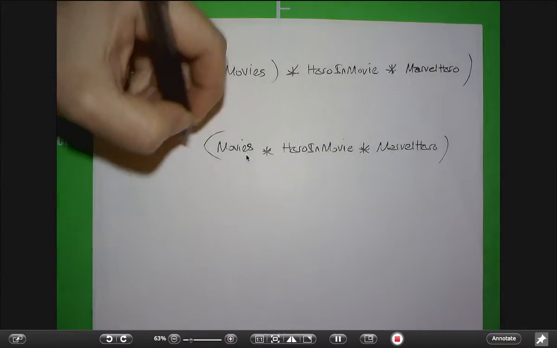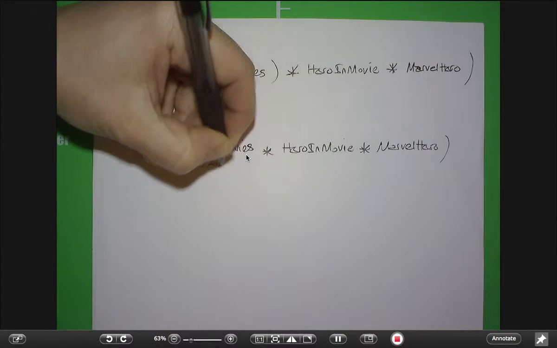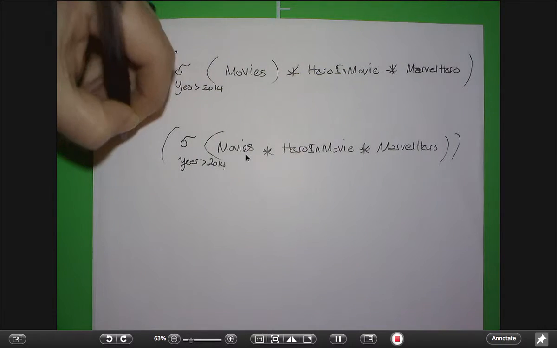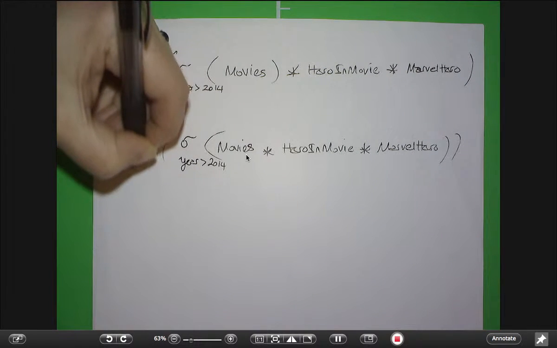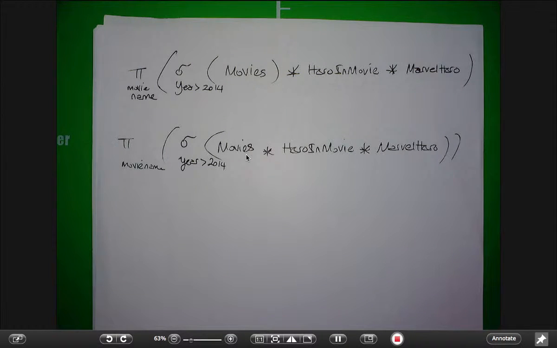Now you can select from this year greater than 2014 and then project movie name. Now, you would say, well, is one more efficient than the other? It actually really depends. That's what we're going to see later on. It depends on how these relations are stored. But ultimately, both are equal ways of doing the same query.